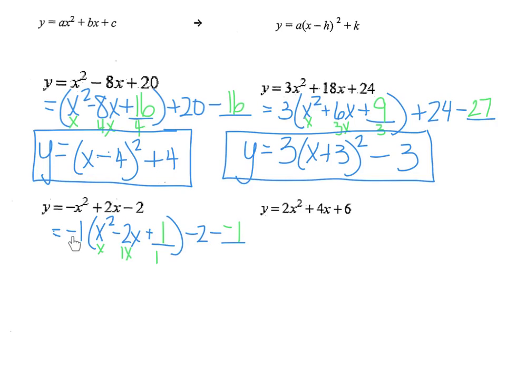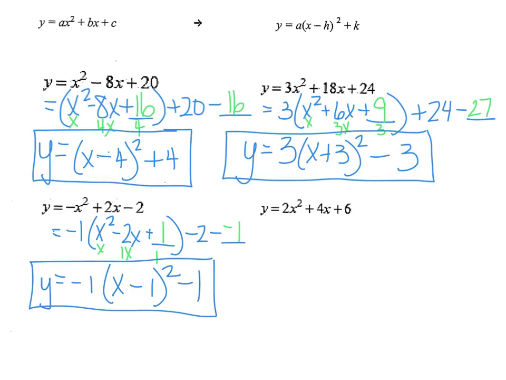Now drop the -1 down, factor x minus 1, collect like terms. y equals -1 times x minus 1 squared minus 1. Vertex form. Where's the vertex? 1, -1.